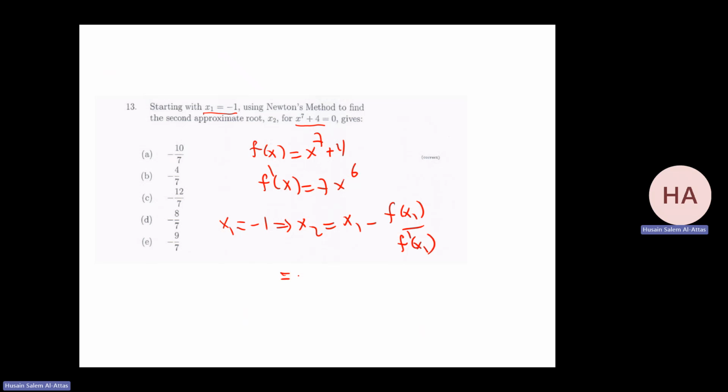Let me do f of minus 1. It will be minus 1 to the power 7, which is minus 1 plus 4. That is 3. But f prime at minus 1 will be 7. So I have minus 1 minus 3 over 7. This is minus 7 over 7, so I have minus 10 over 7.